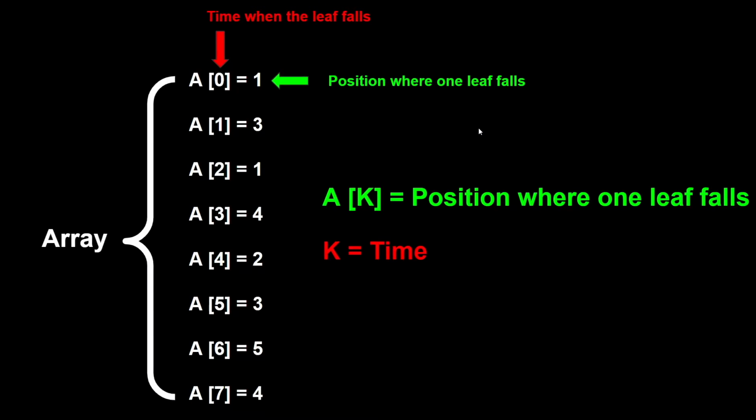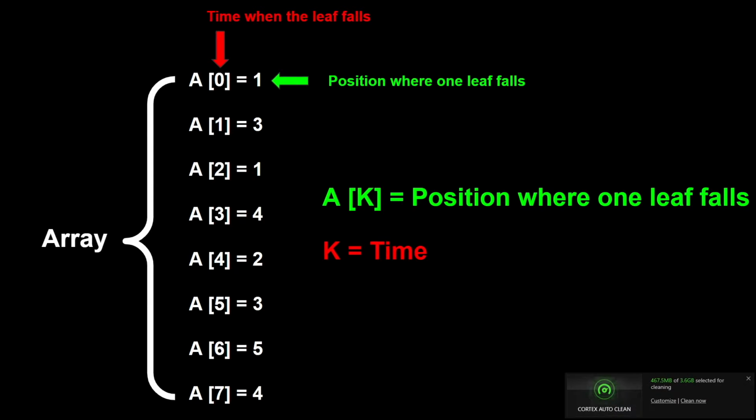You are given an array A consisting of N integers representing the fallen leaves. A[K] represents the position where one leaf falls at time K, measured in seconds. The goal is to find the earliest time when the frog can jump to the other side of the river. The frog can only cross when one leaf appears at every position across the river from 1 to X.